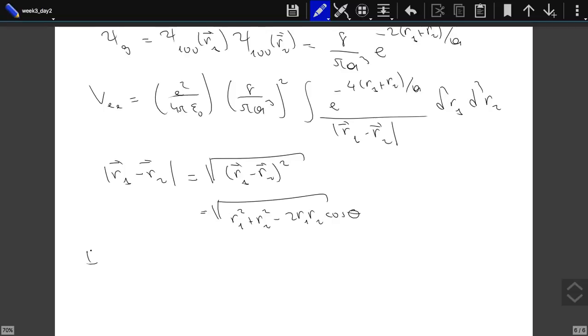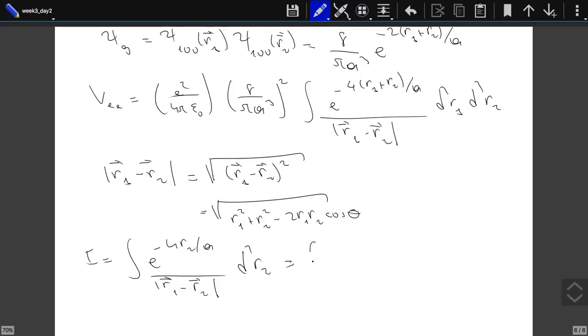Now I will first take the R2 integral: e to the power minus 4 R2 over a, divided by the absolute value of R1 minus R2, d cubed R2. I can assume the z direction to be the direction of R1. Then the angle theta is the theta angle of R2 in spherical coordinates.